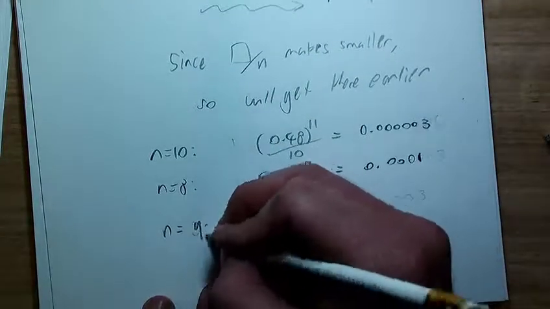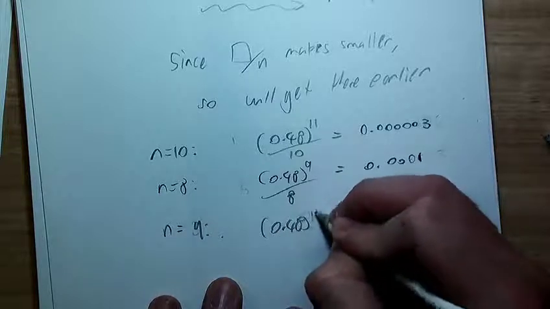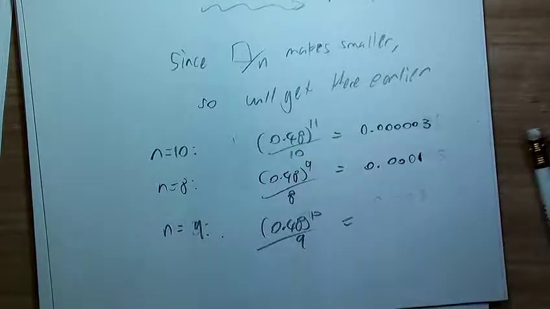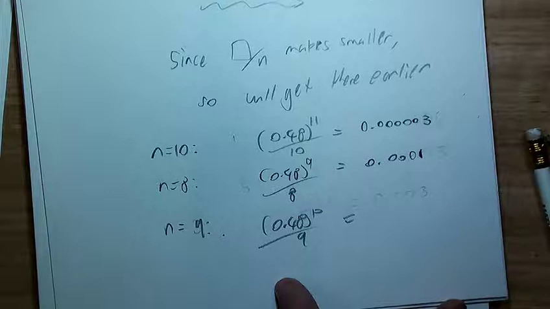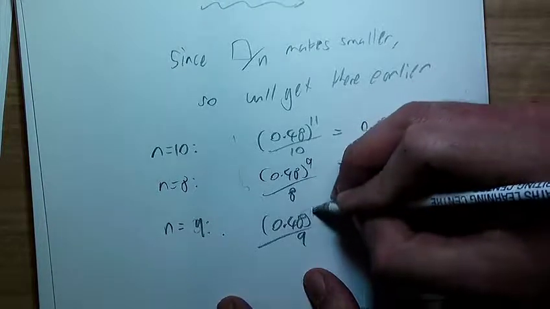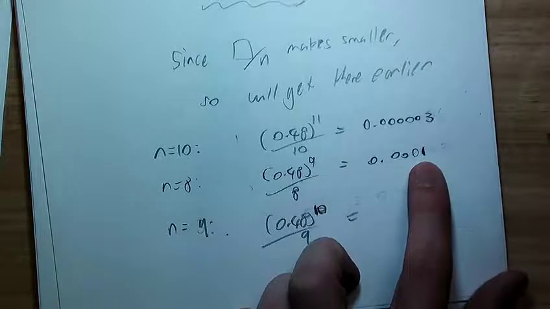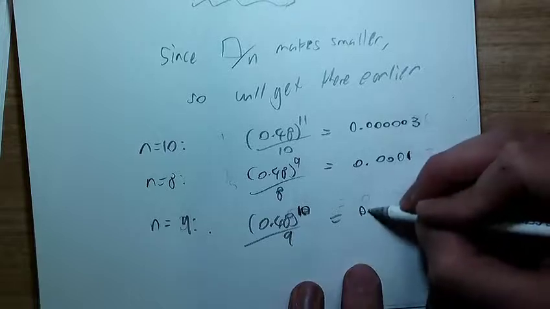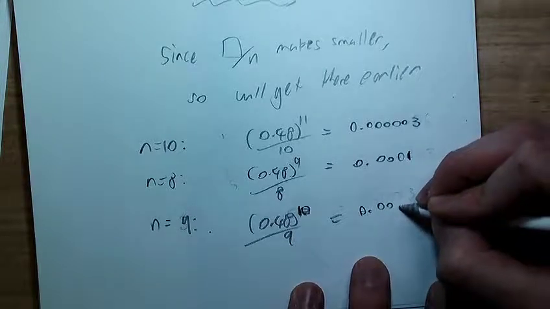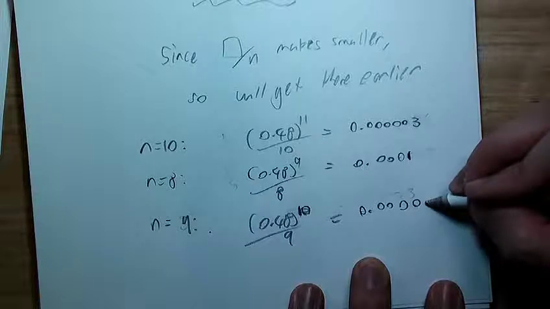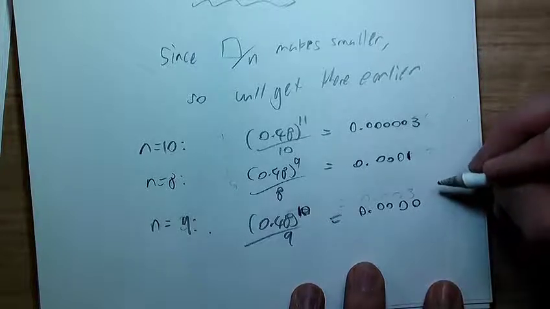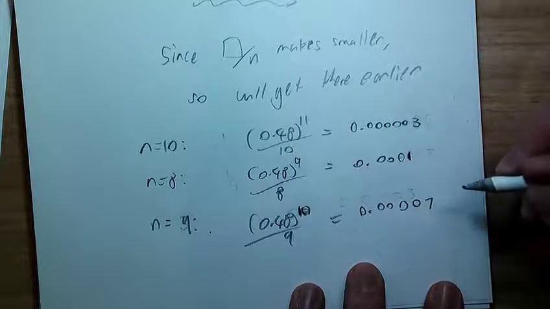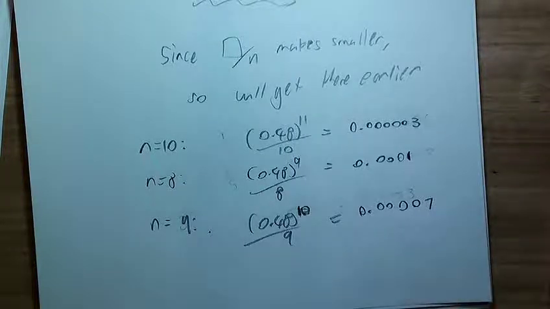So I'll try 9 and see what I get. Sorry? 0.0001. That's what I'm getting. Oh, I could have that wrong, but that's okay. So this one's good, but this one isn't. So we need n equals 9.